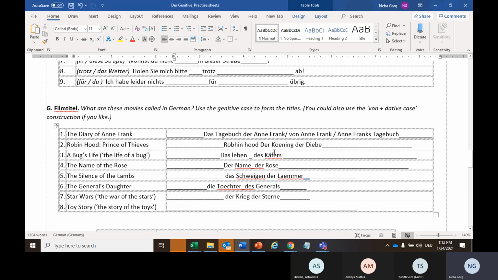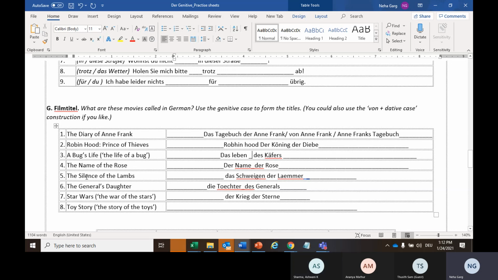Number 2. Ananya, could you read that? Robin Hood, der König der Diebe. So the king of the thieves. Der König der Diebe. Diebe, thieves, plural. So the will change to der.